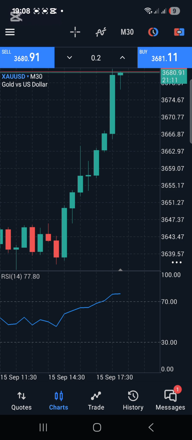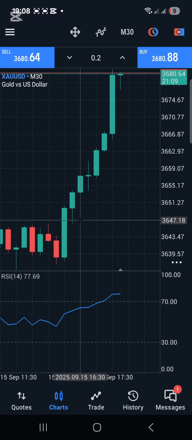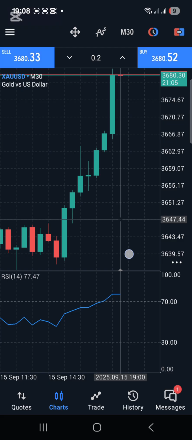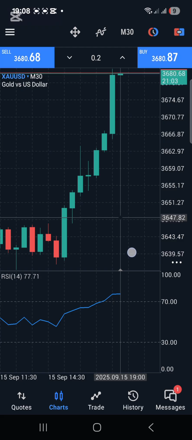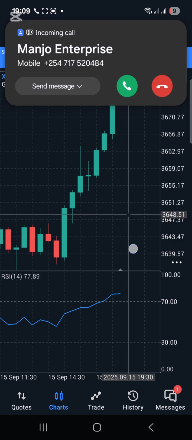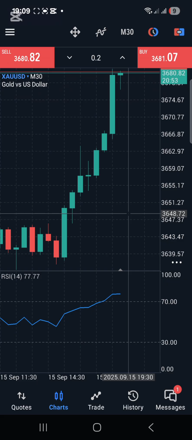Okay? Let us check at which candle we are dealing with. We are dealing with which candle right now? Right now, it is forming the candle for 19:30.